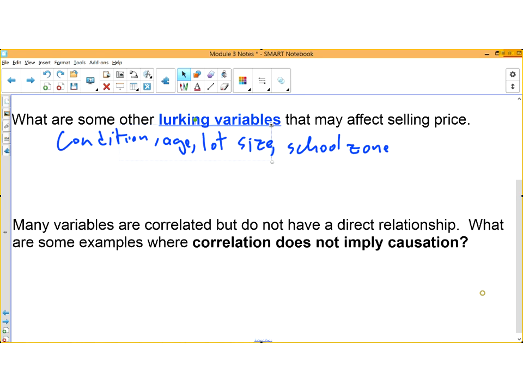Oh, and then the last thing here is many variables are correlated but do not have a direct relationship. What are some examples where correlation does not imply causation? There's all sorts of examples, but one famous one was where they found that children who took music lessons young had better grades in school.